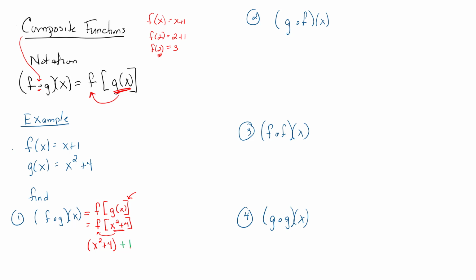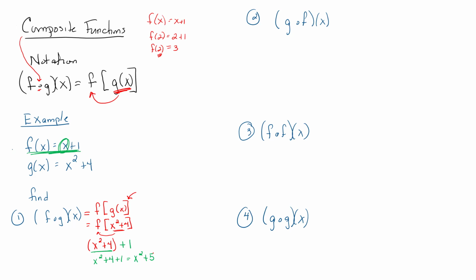Why does it look this way? Because F of X was equal to X plus 1. And instead of using the X, I plugged in X squared plus 4 because that was my new X for the function F. And when I simplify this, I end up with X squared plus 4 plus 1 equal to X squared plus 5.